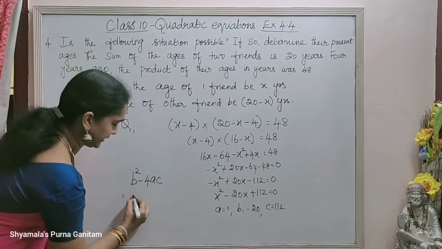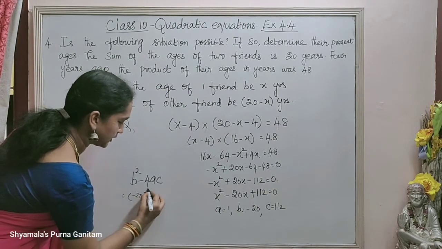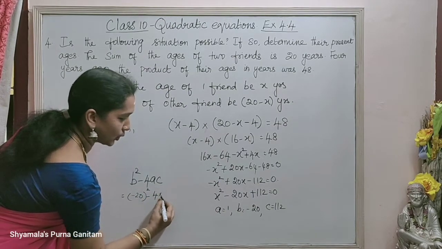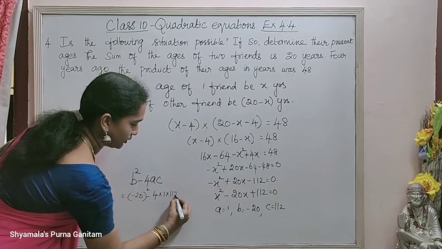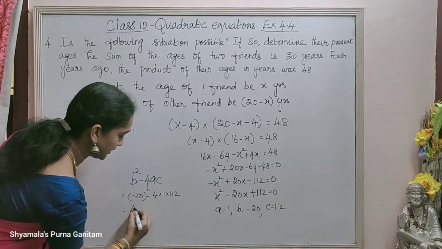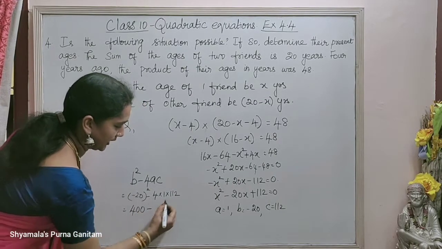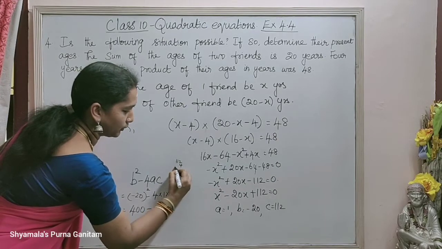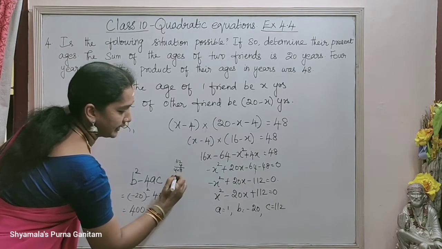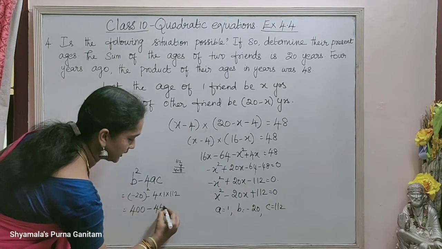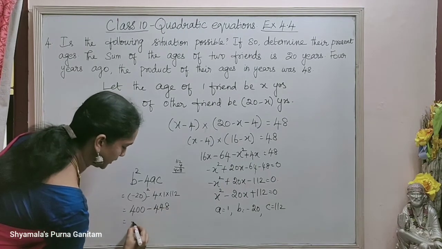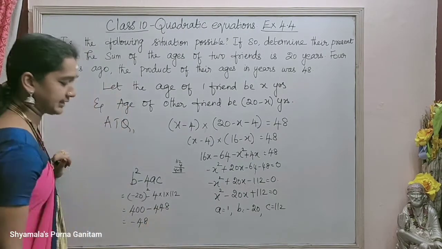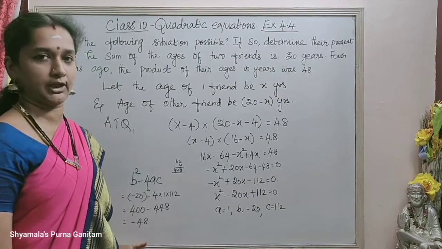So b squared is minus 20 the whole square minus 4 into a into c. So this one is 400 minus 112 into 4. You will get 448. So minus 448. So we will get the discriminant as minus 48.